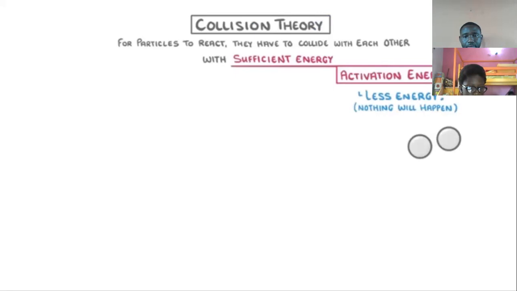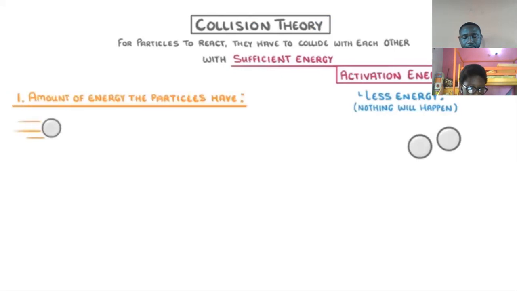So if we were to think about an entire reaction, which will involve tons of particles, then the rate at any particular point is going to depend on two main things. The most obvious is the amount of energy that the particles have. The more energy they have, the more energy they can transfer during the collision, and so the more likely they are to surpass that minimum activation energy.